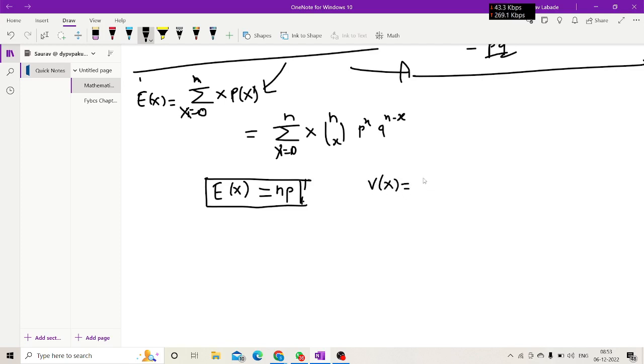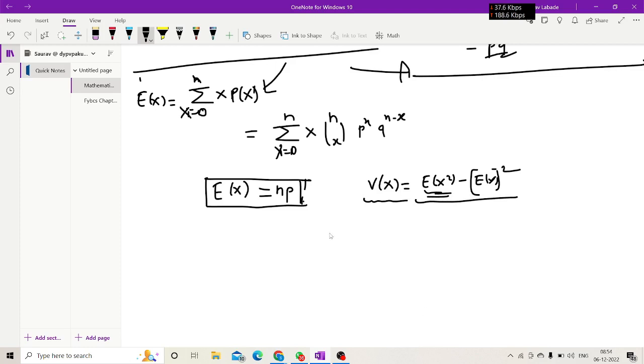how are we finding the variance? That is expectation of x square minus the bracket expectation of x squared. This is the formula I am using, and you are already familiar with it. Here also we find expectation of x square using another formula.